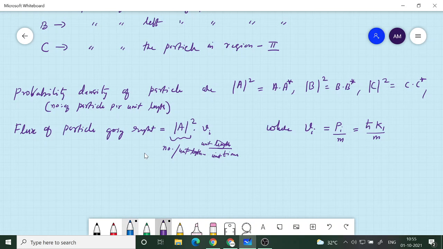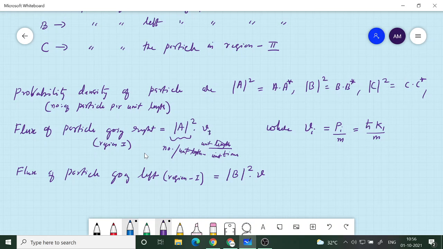Now similarly I can talk about the flux of the particle going left. This is all in region 1. So that will be basically B square into the velocity in region 1.